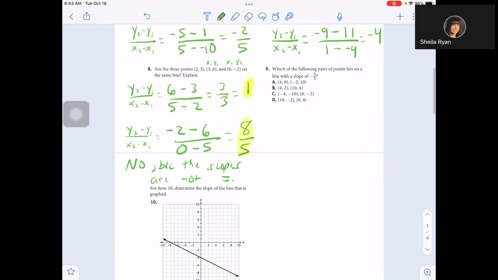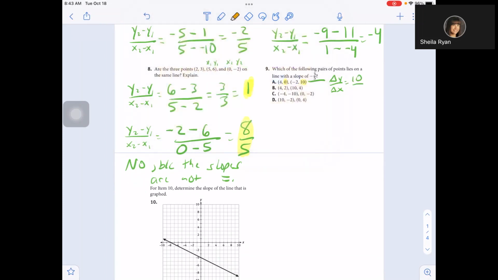And the last question on this page, number 9, which of the following pairs of points lies on a line with a slope of negative 3 over 5? So I think I'll do change in y over change in x here. The y's are going from 0 to 10, so that's a change of 10.